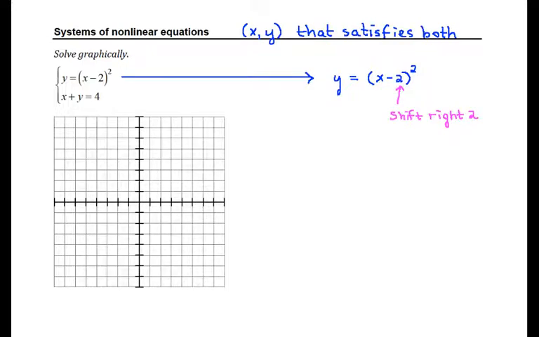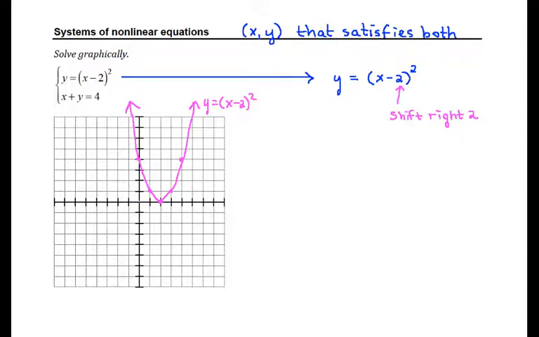Starting from y equals x squared, a parabola with vertex at the origin, I would move right to put that vertex at (2, 0), and then use my same shape that I know for y equals x squared to draw in this graph. It looks like our grid here goes out to 8, so this next point would be just a little bit off. So that gives me y equals (x minus 2) quantity squared.